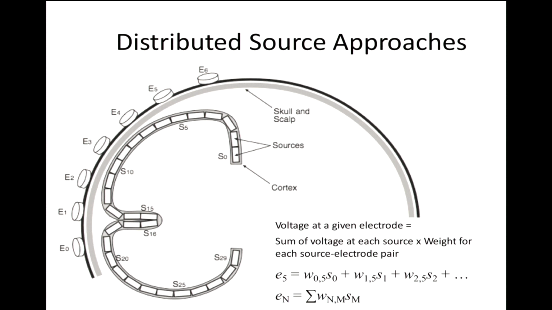So you can express the voltage at a given electrode as a sum of the voltage at each source multiplied by the weight for each source, unique to the individual electrode.